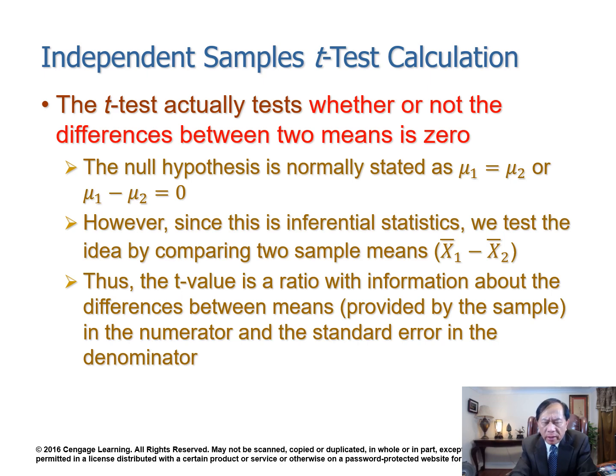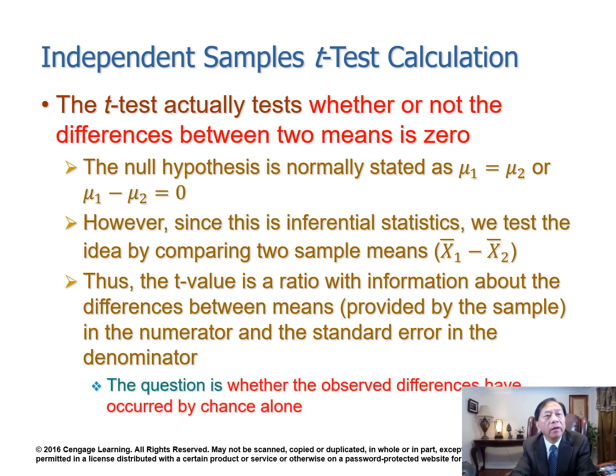Thus, the t-value is a ratio with information about the difference between the means provided by the sample in the numerator and the standard error in the denominator. That's the t-value. The question is whether the observed difference took place by chance alone or not.